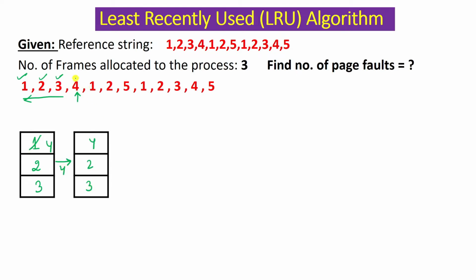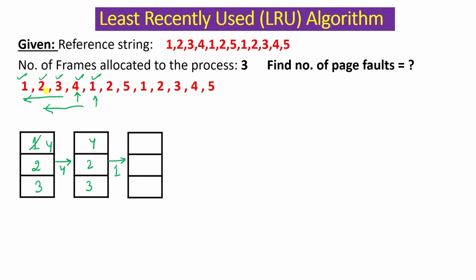Now 4 gave me a page fault. 1 will give me a page fault, yes, 1 is not already present here. Which page should I replace? Out of 4, 2, 3, I will see the past. 4 is here, then 3 is here, and then 2 is here.